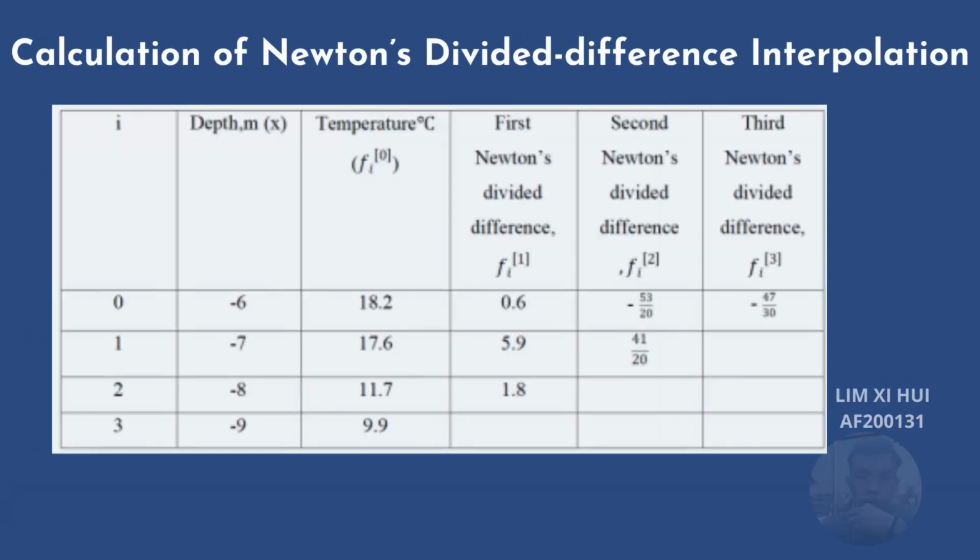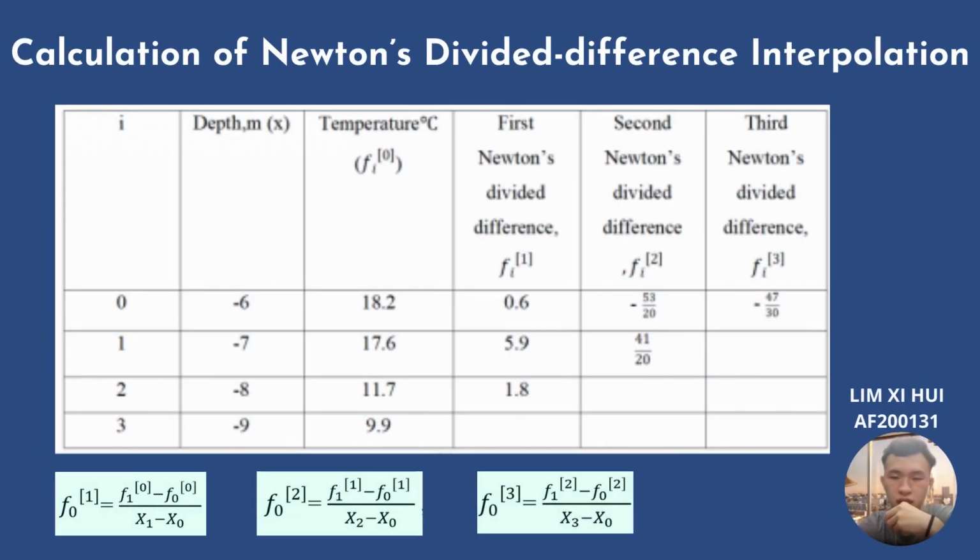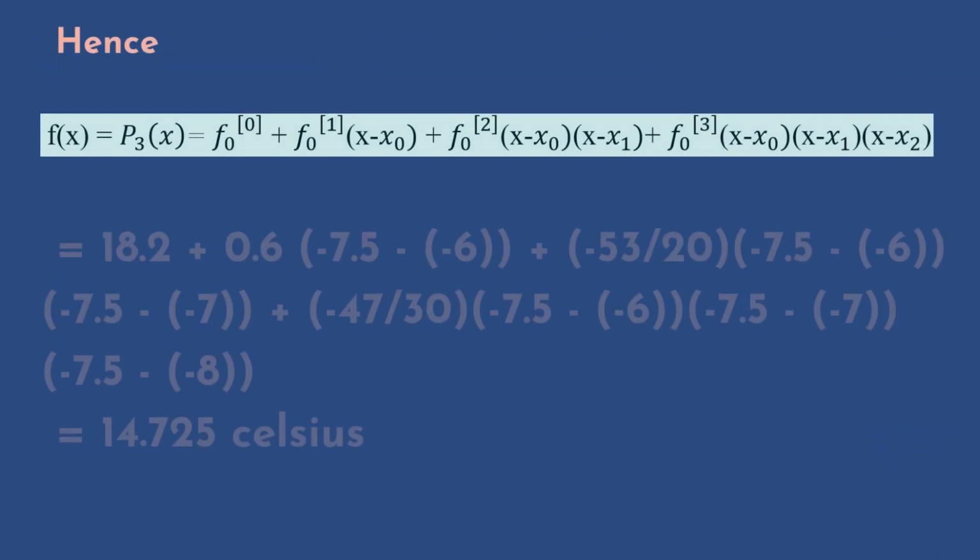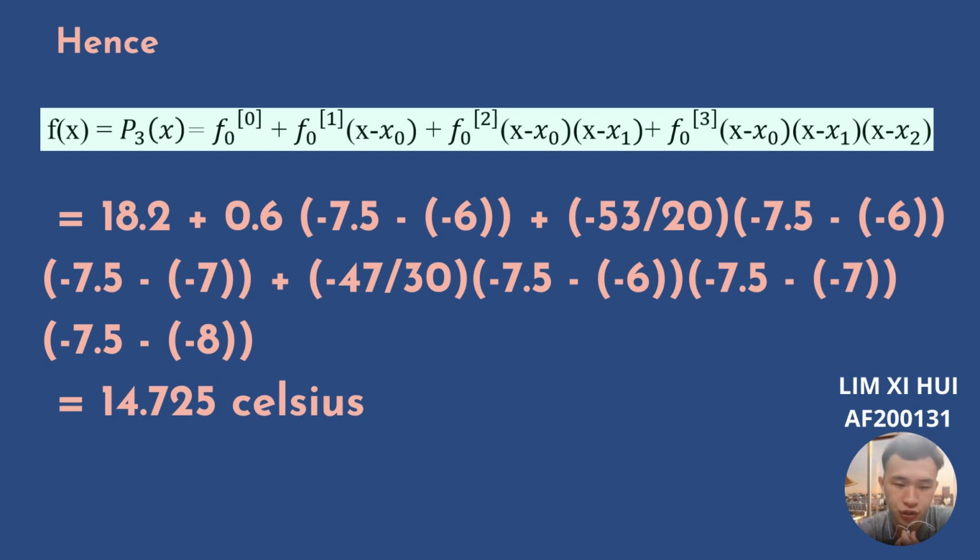Thank you. Calculation of Newton divided difference interpolations. We have the formula for f0[1] equals f1[0] minus f0[0] over x1 minus x0. The other formulas are the same. So using this formula, we can get the first, second, and third Newton divided differences. Hence, f(x) equals P3(x).